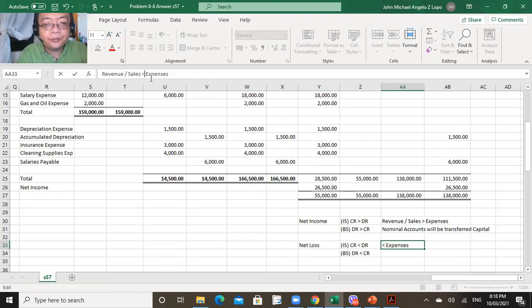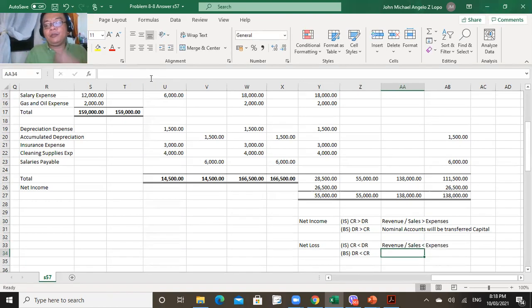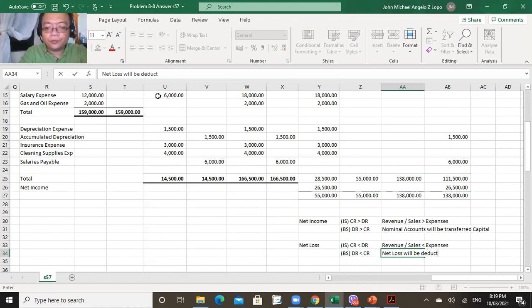How about on the balance sheet? How come your debit is less than your credit? Because of the net loss. Net loss will be added to the debit balance.